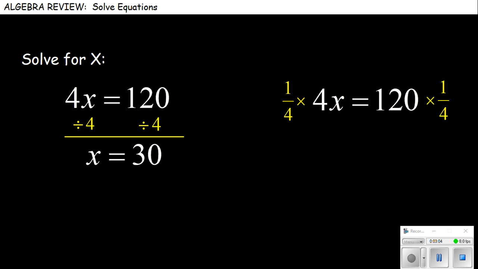Despite how teenagers tend to feel about fractions, they are sometimes easier. And it's going to be unavoidable in geometry to have to work with fractions. So in this case, 1/4 times 4 times x, the 4's will cancel out. We'll just have x on the left. On the right, 120 times 1/4 is simply going to be 30. You can do that in your calculator.